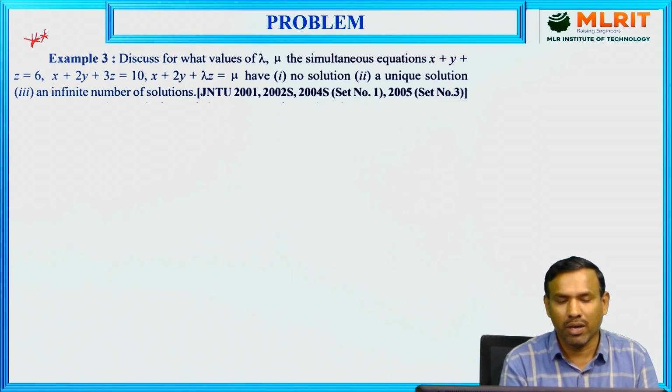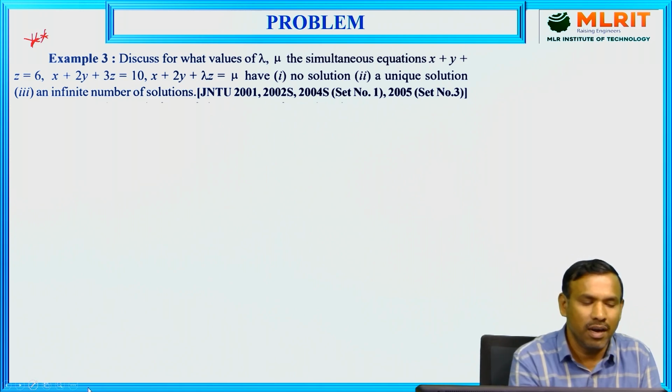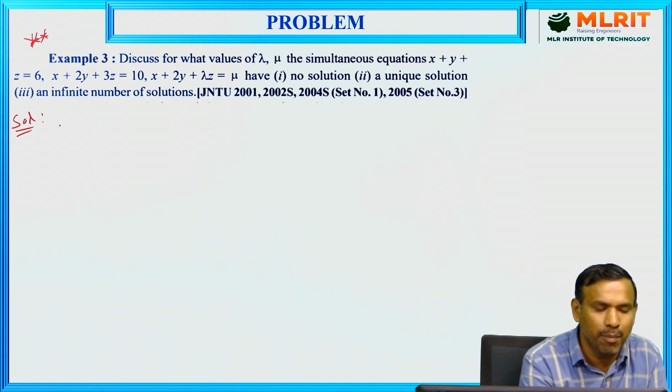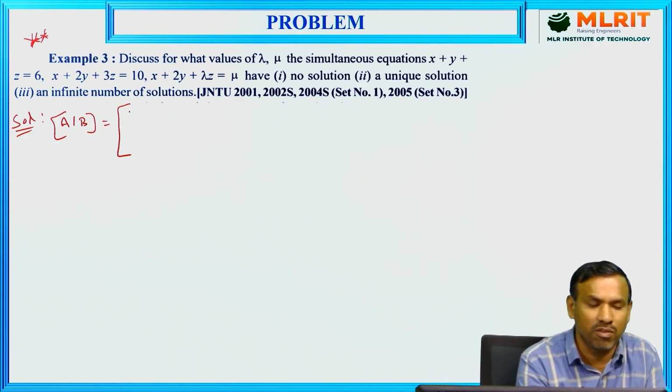Right? So here I am not writing AX equals B, that the students know very well. Now I will take the augmented matrix A by B and solve the problem, just like the previous model problem. So directly I am taking the A by B matrix, which is the coefficient matrix and RHS matrix together. First equation x plus y plus z is equal to 6 means 1, 1, 1, 6.